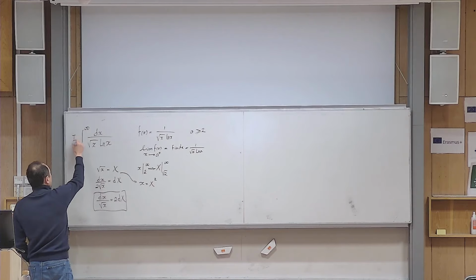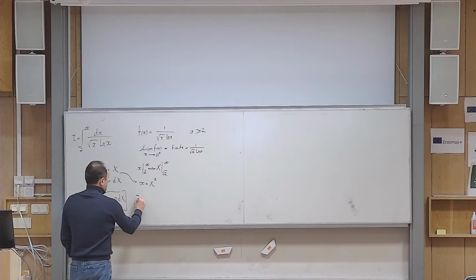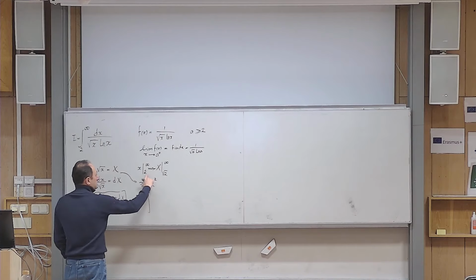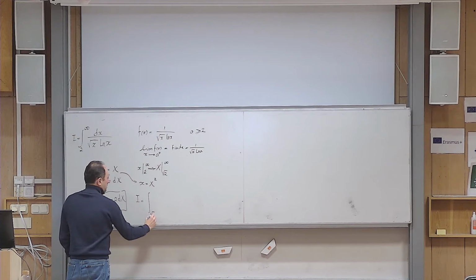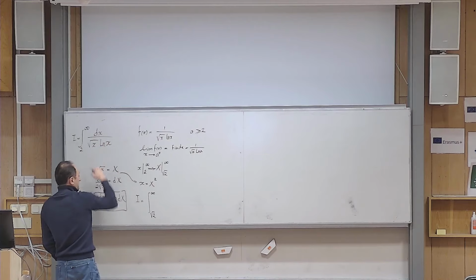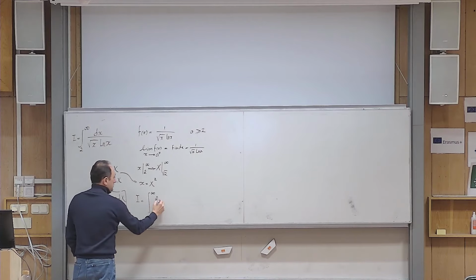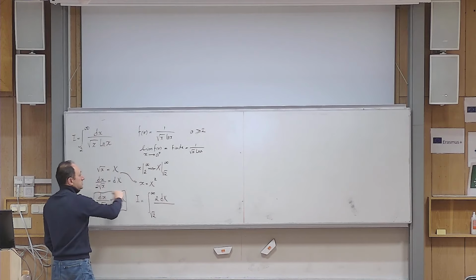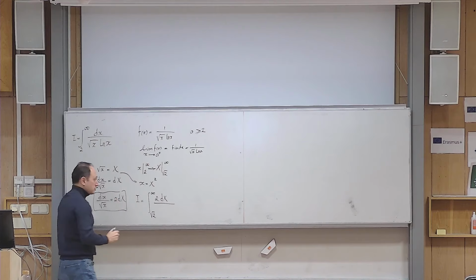So if I call this integral I, this integral can also be expressed in this form. Instead of 2 to infinity, it becomes square root of 2 to infinity. Instead of dx over square root of x, I write 2 dX. And instead of ln of little x, I write ln of capital X squared.